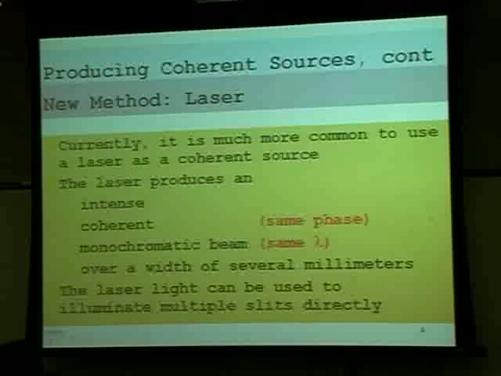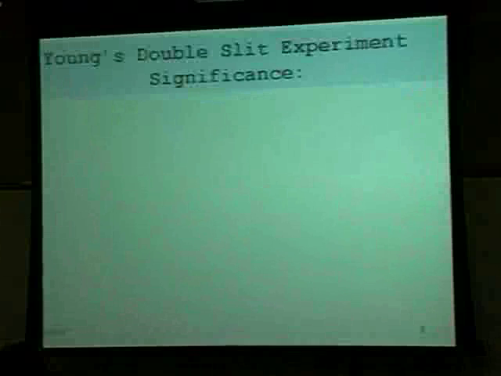But back in the old days, they didn't have lasers, so they used the single slit, double slit apparatus. So this would come into play in the CD player, wouldn't it? Yeah, I mean, you would observe interference effects. In fact, interference effects are used for CD reading and DVD reading.